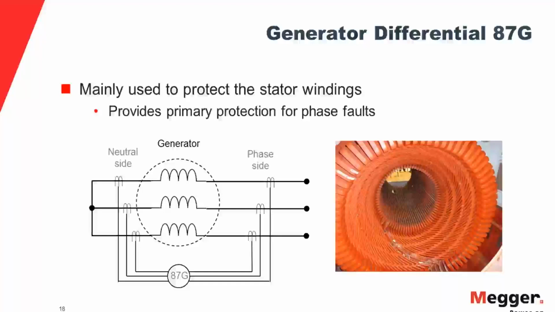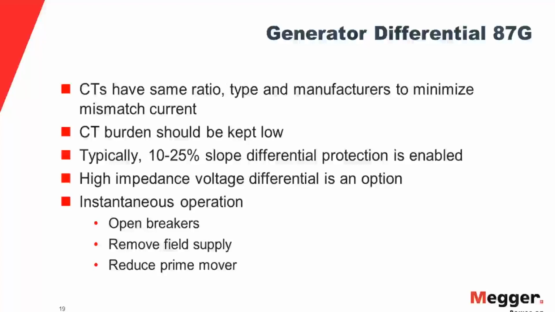You also have other protection functions to protect the stator, which are known as the stator ground fault, calculated 95% stator earth fault and 100% stator earth fault protection. But we are not going to talk about the other protection functions. We are going to talk about the differential functions for the generators.